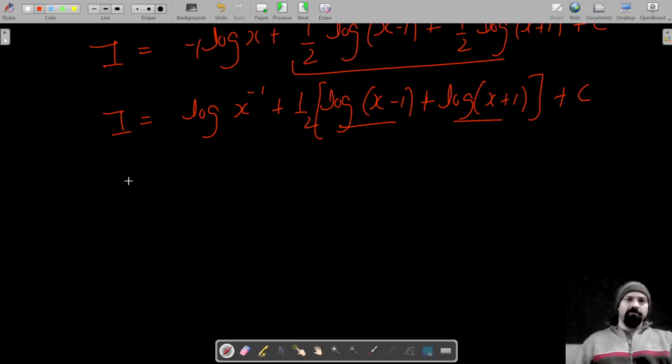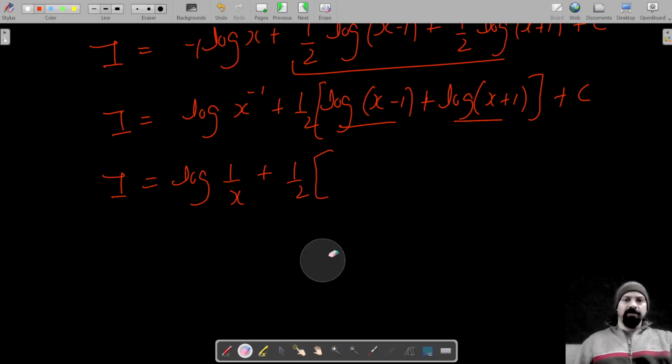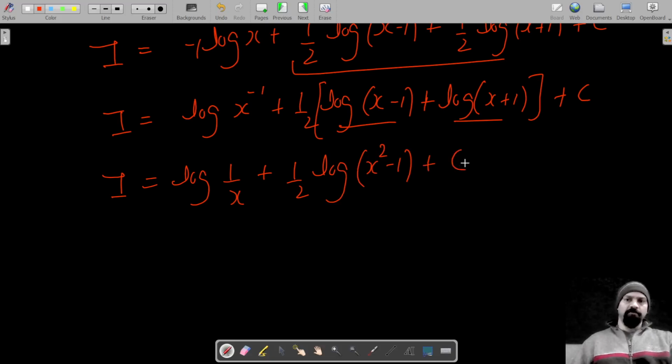This is log a plus log b, which is log a into b. So this can be written as a into b, which is a square minus b square plus c.